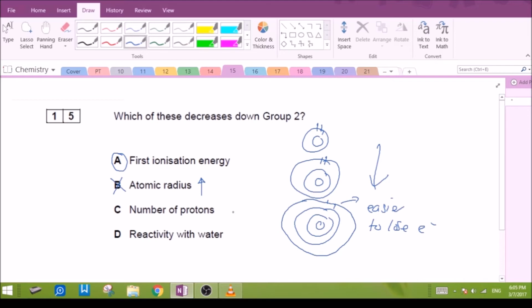The number of protons should increase, right, as the proton number gets larger. Reactivity with water: the reactivity depends on the ability or the tendency to lose electrons, and we have already discussed that it is easier to lose electrons as we go down the group. So the elements further down the group are more reactive. Right, so only the ionization energy decreases down the group.